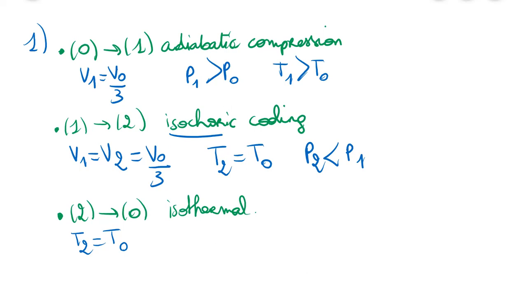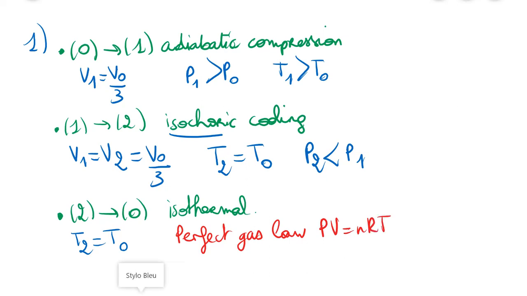So here we don't have any information about the pressure P2, but we can deduce it by using the perfect gas law, because the perfect gas law says that PV equals nRT.